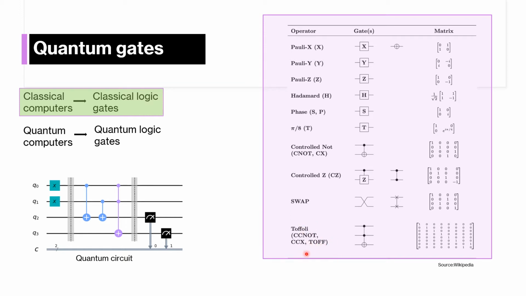This Toffoli gate acts on 3 qubits. This figure represents the common quantum logic gates with the corresponding circuit form and the unitary matrices. Here are the Pauli X gate, Pauli Y gate, and Hadamard gate. These are examples of single qubit gates, and the controlled NOT or CNOT gate is a 2 qubit gate with a 4 by 4 matrix.